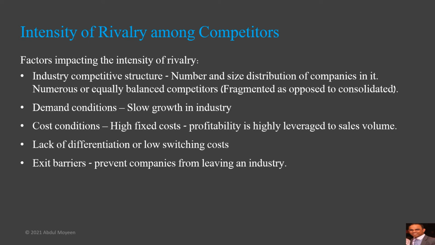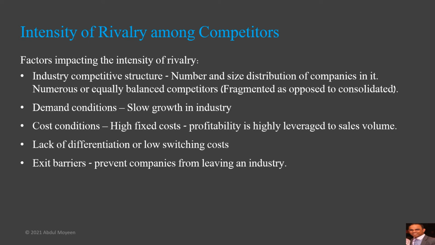Low entry barriers and commodity-type products that are difficult to differentiate characterize many fragmented industries. A fragmented industry structure then constitutes a threat rather than an opportunity. Rivalry is high in such markets.